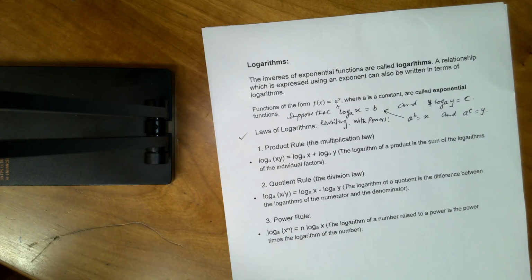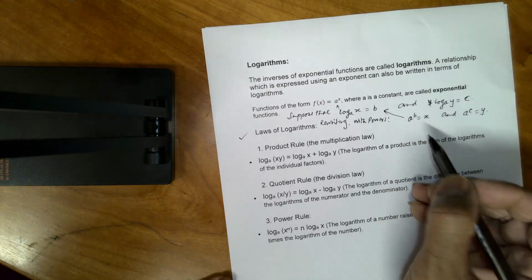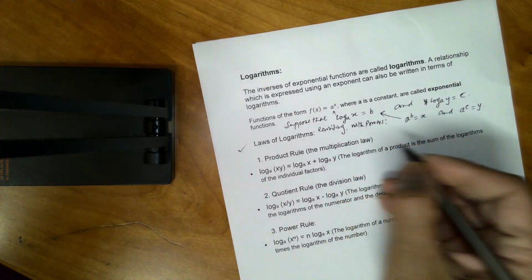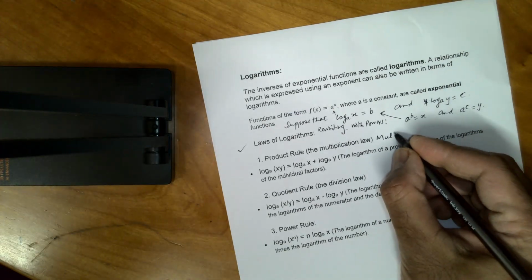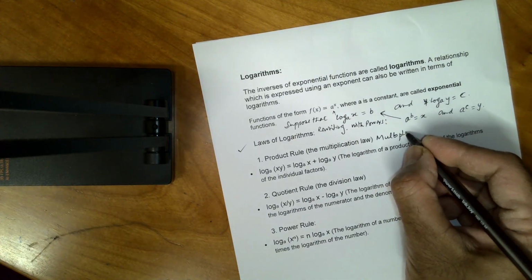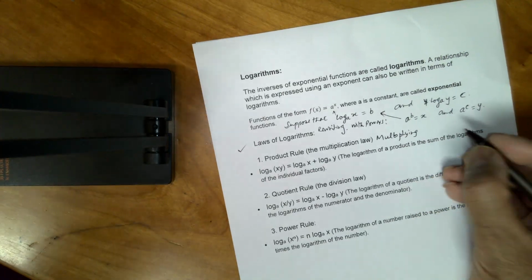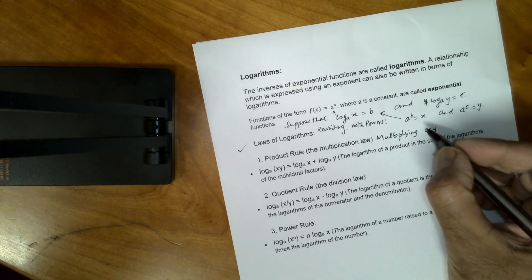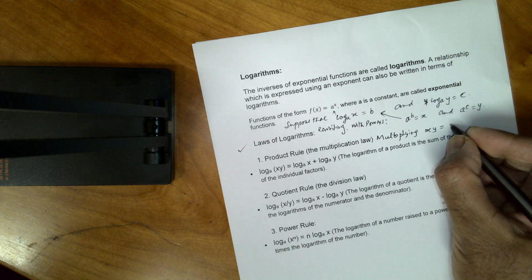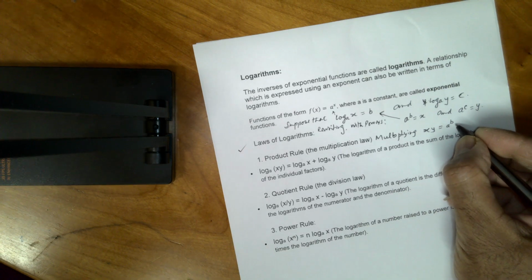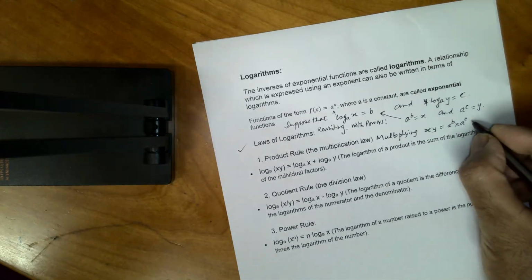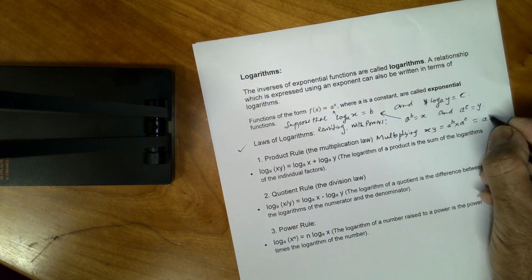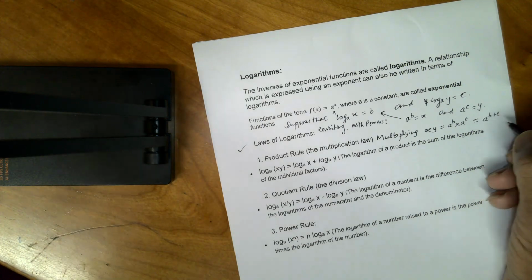Now you multiply these. Multiplying x and y, you get xy, which is equal to a to the power b multiplied by a to the power c, and that gives you a to the power b plus c.